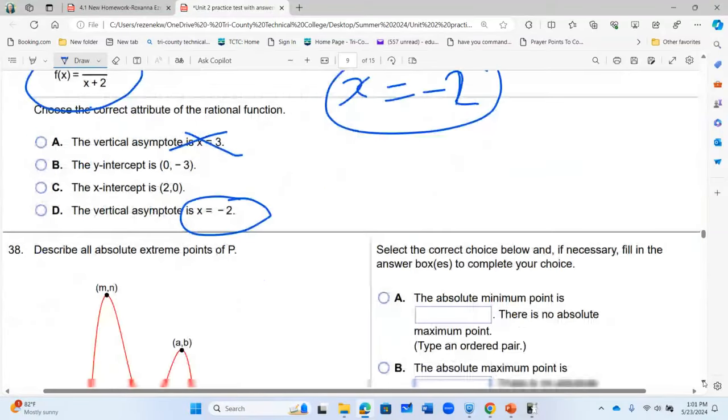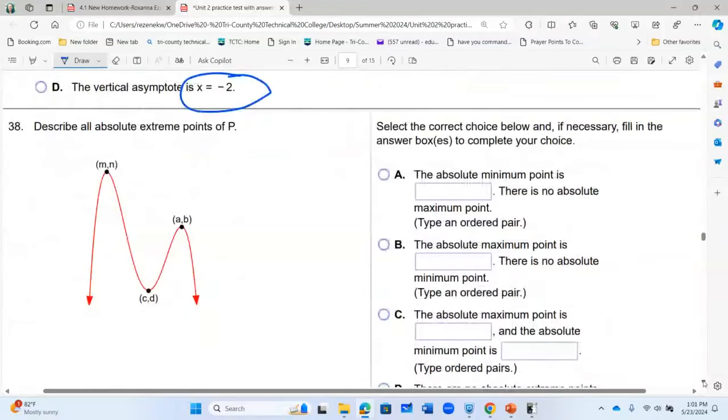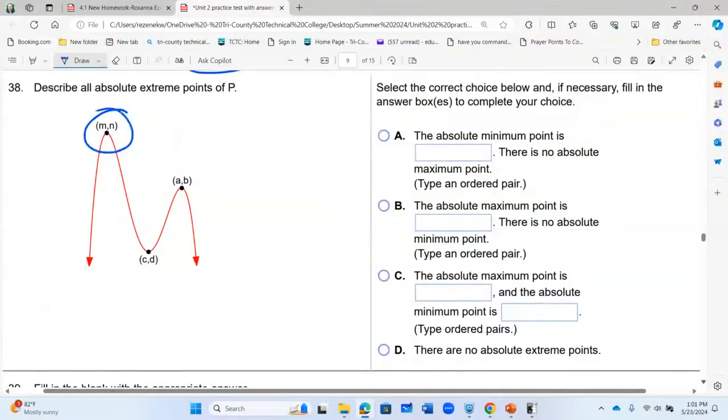It's not that bad. Describe the absolute extremum. So there is only one absolute extremum here. Absolute because there is no other maximum point. So the point M, N is a maximum, an absolute extremum.